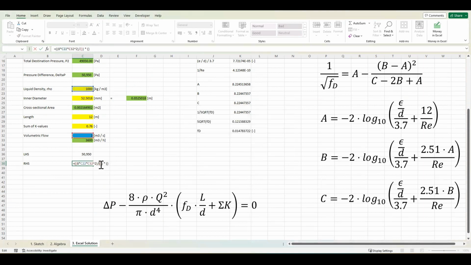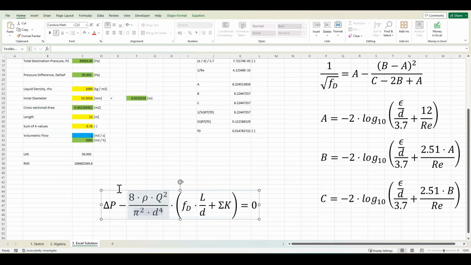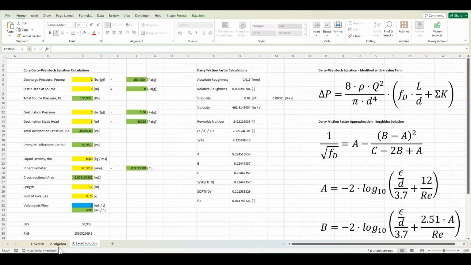All times pi squared times the inner diameter to the power of 4. That is correct, that part, the diameter to the power of 4. And then again, it's going to shout at me, so I'm just going to put something in there to keep it happy. That's going to be squared. So that's one thing I forgot earlier on. I might have just forgotten to write it in here, but that should be pi squared.